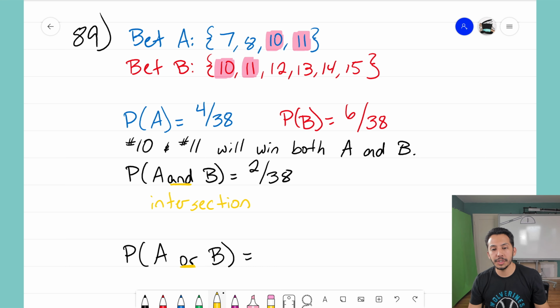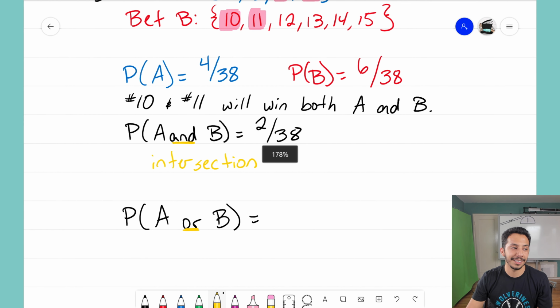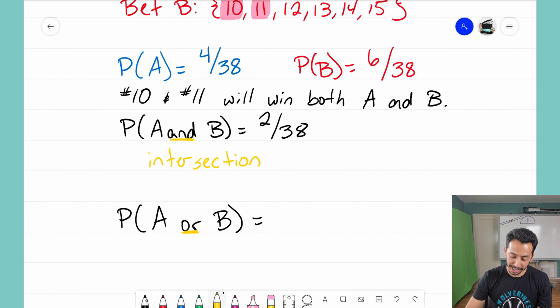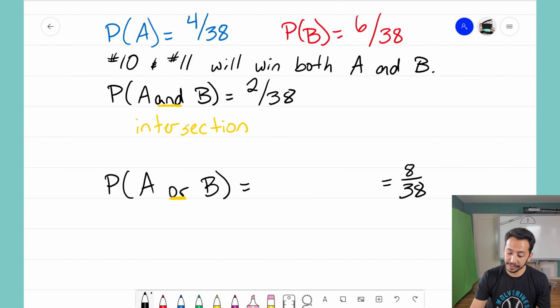All right, Josh threw out 8 over 38. Nyana also said 8 over 38. What the heck? So that's absolutely correct. Can you guys explain how you got 8 over 38? Because that is the right answer. I'm leaving some room here because I want to show some work.